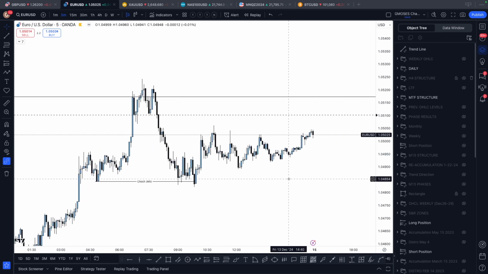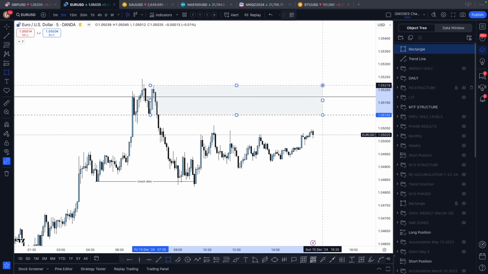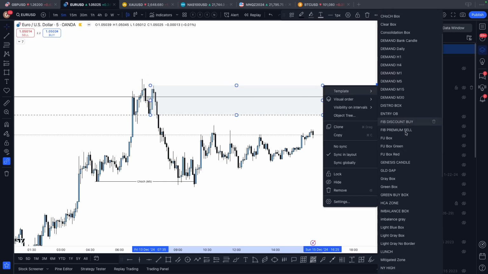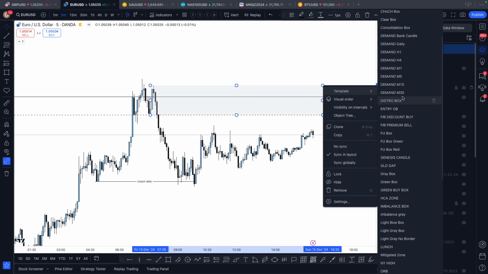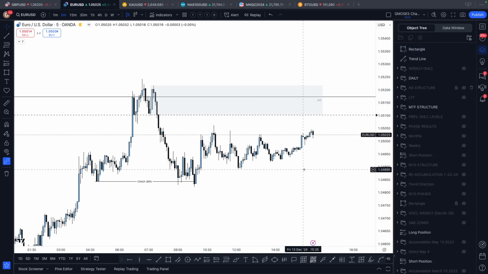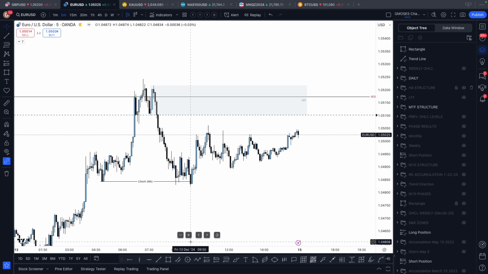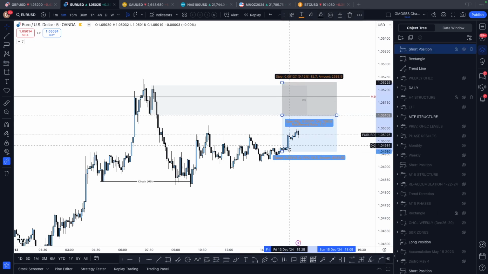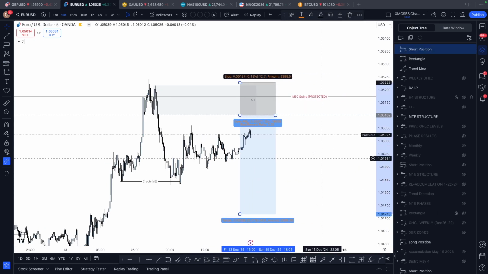So one of the things that we can look for is we have a supply zone right here, okay, that we can possibly utilize for an entry when the market opens. Look for a 1 to 3 opportunity.